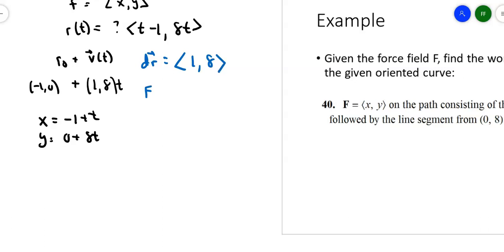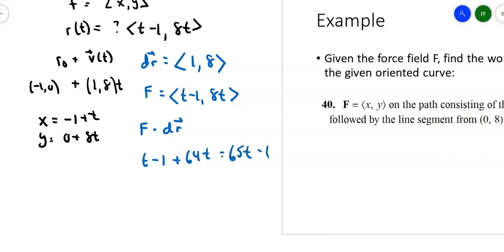Then our F in terms of t is going to be exactly what we had before, <t - 1, 8t>, right? t minus 1 is the x-coordinate, 8t is the y-coordinate. Our vector field was boring enough that it was just xy. So now when I do F dot dr, I'm going to end up with (t - 1) times 1 plus 8 times 8t, which is 65t minus 1.